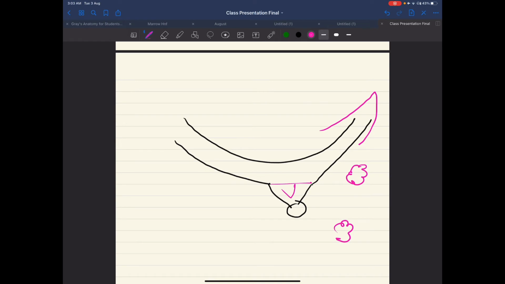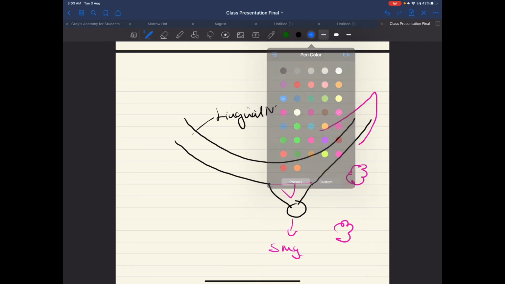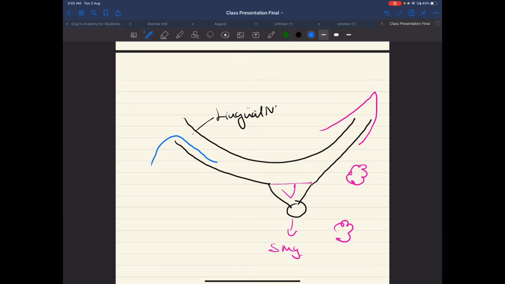If anyone can tell me which ganglion this is? This is the submandibular ganglion. This is your lingual nerve. And this here, okay, let me just use a different color pen. This here is your chorda tympani nerve.